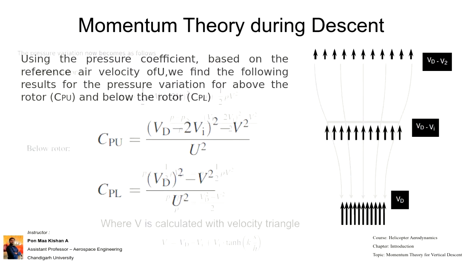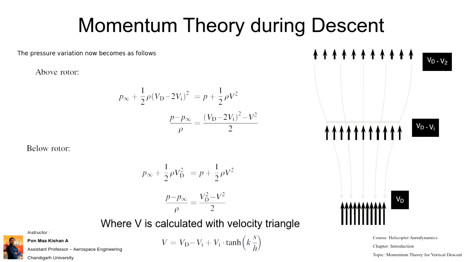When we speak about the pressure factor, this is the final equation which we have derived: P minus P infinity divided by rho, from Bernoulli's equation, Vp square minus V square by 2. If I divide this equation by half U square, multiplying by half U square in the denominator, the half and half get cancelled.